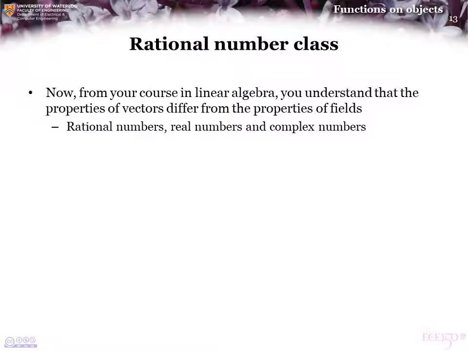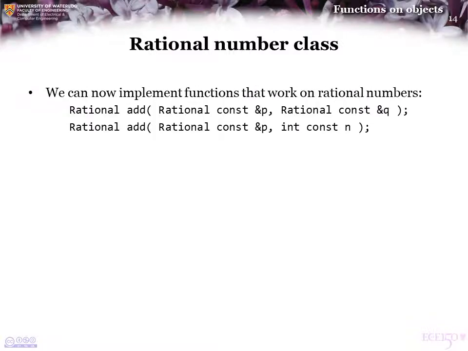Now, from your course in linear algebra, you know that the properties of vectors differ from the properties of fields, and fields are classes such as rational numbers, real numbers, and complex numbers. Now, we can implement functions that perform operations on rational numbers, such as adding two rational numbers together, or perhaps adding an integer onto a rational number.